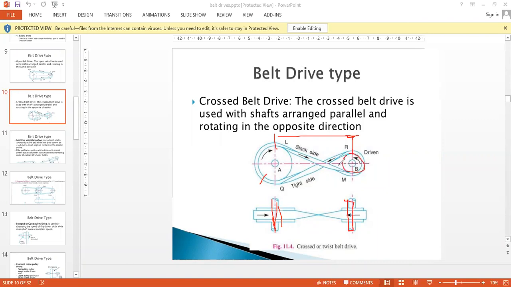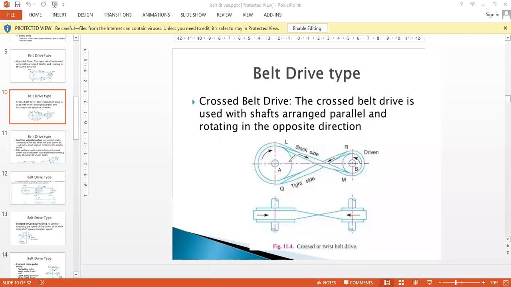Now the belt is no more connected in a straight manner. It has been crossed like an X, which is why it is called a cross belt drive.